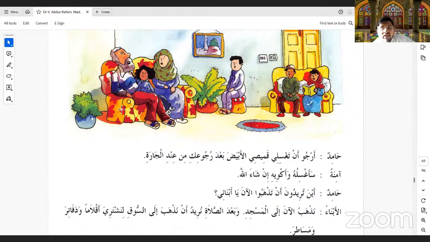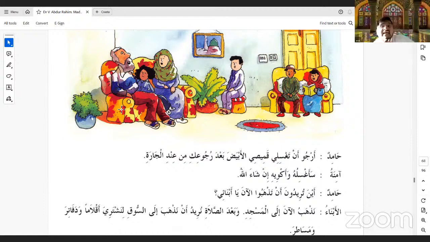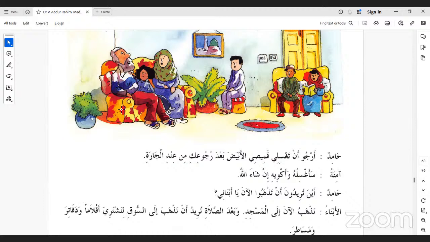Change an taghsili to masculine, second person. أرجو أن تغسل قميصي الأبيض بعد رجوعك من عند جارتي. Excellent.